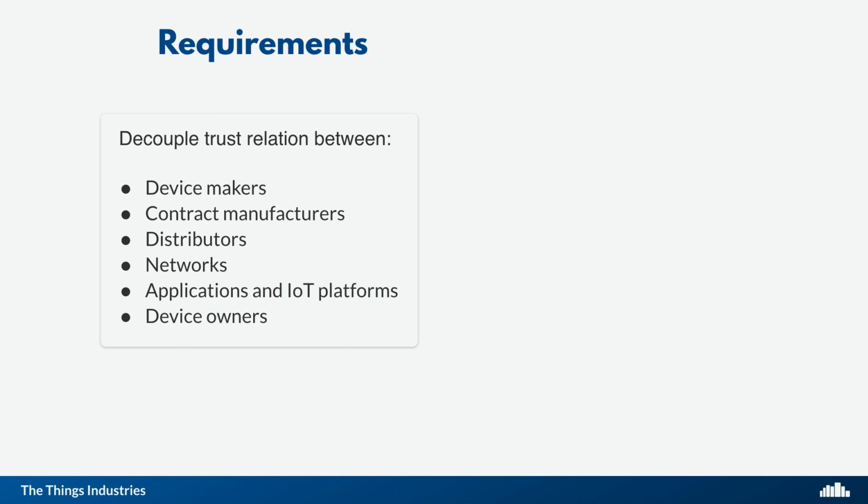So if you design a solution that decouples this, you have to think about all these different actors and see what they need and still make it usable. And also, so decoupling the trust relation, and second, also it has to work at scale.